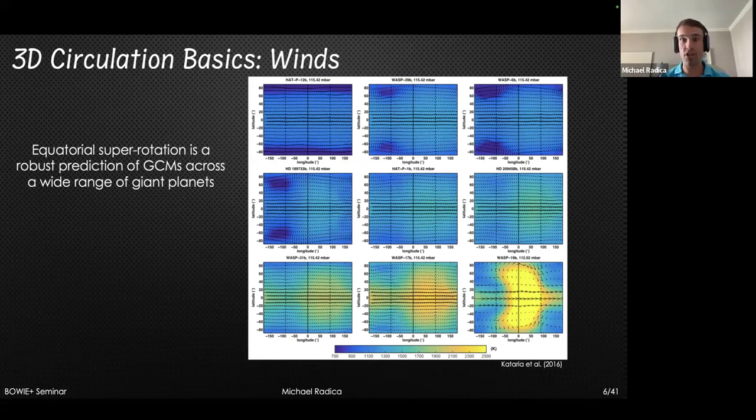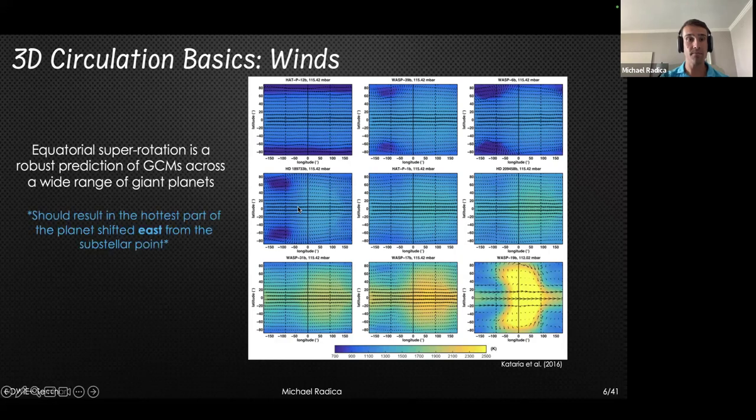This is some of the foundational work in this regime from Tiffany Kataria in 2016. Right, where we see going from temperatures on the order of 700 Kelvin up to nearly 2,500 Kelvin. So we're looking at a range of temperatures almost spanning 2,000 Kelvin, and we consistently see in the deep atmosphere, right, this is on the order of 100 millibars, that the dominant flow is that east to west equatorial jet.